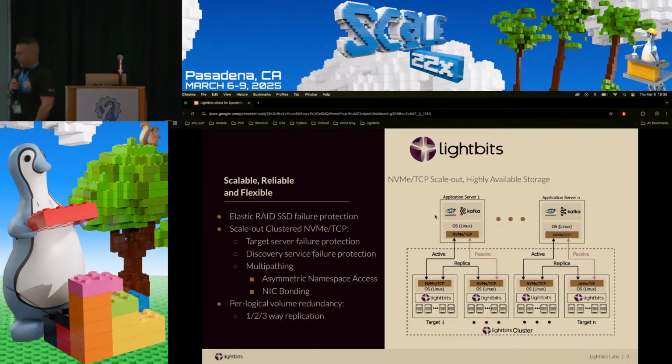Everything can be done on the fly. Because it's over TCP, if you want to do bonding, anything that you want to create over the TCP layer, you can do it. We don't really care about the type of network cards, type of switches, or any sorts of flags that you create along the way.